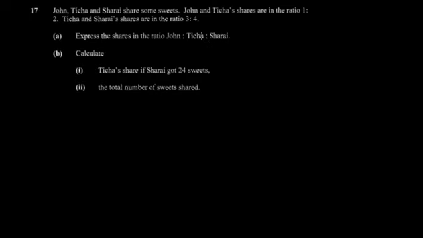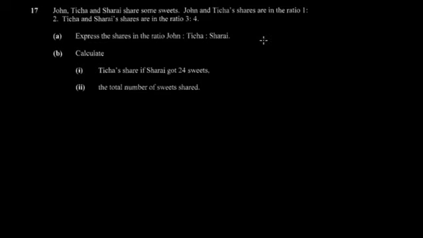So here, the first thing that you notice is that you're given three people, and then you're given their ratios to each other. This one is John to teacher. This one is teacher to Sharai. So you can actually express everything in terms of teacher's share.